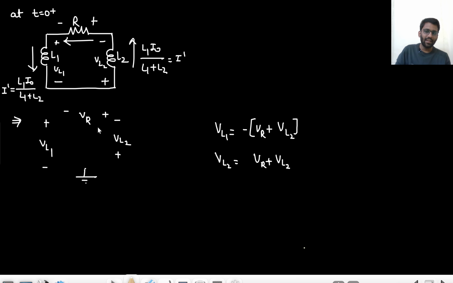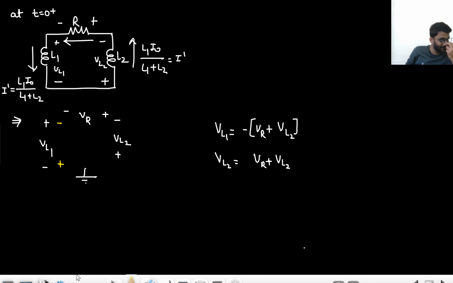That means because of VR and VL2, across inductance L1, we are having a drop in the negative direction, from here to here. So this is the drop in the negative direction. That means the current will be decreasing.